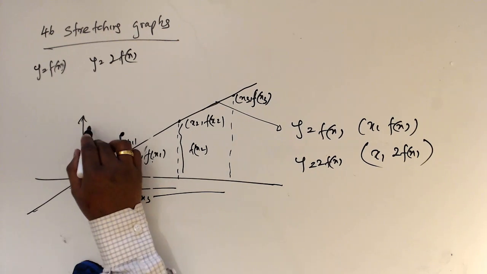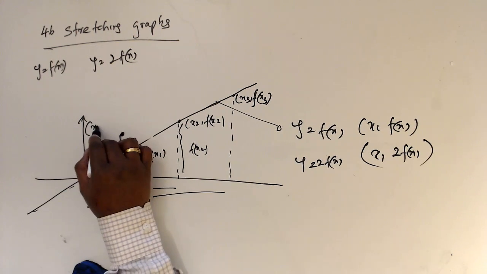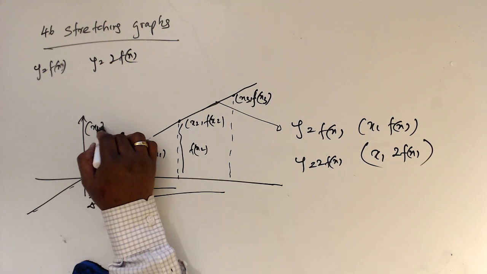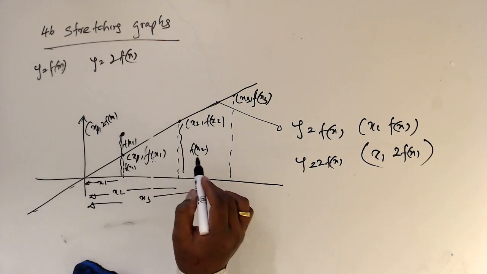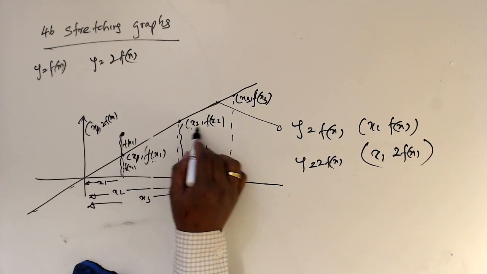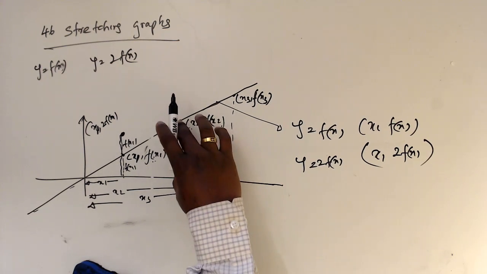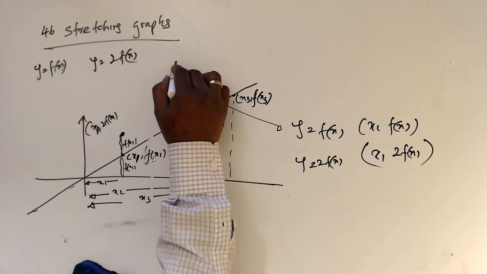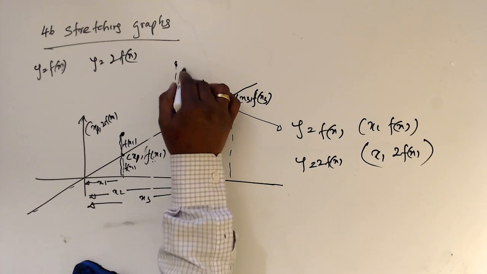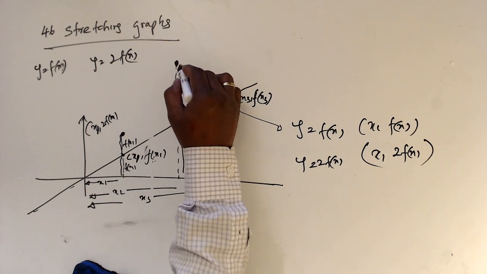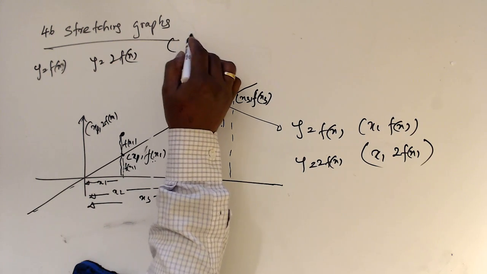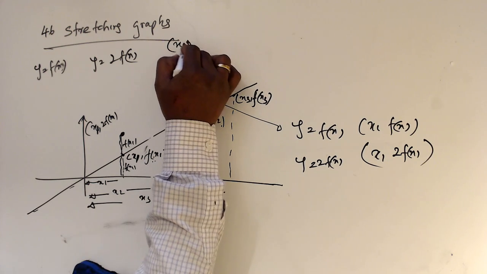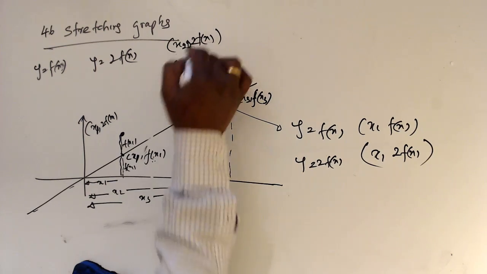So this point is, before that, x1, but instead of f(x1) now 2f(x1). Likewise, this point is x2, f(x2), so I have to double this length. This point is going to be x2, 2f(x2).